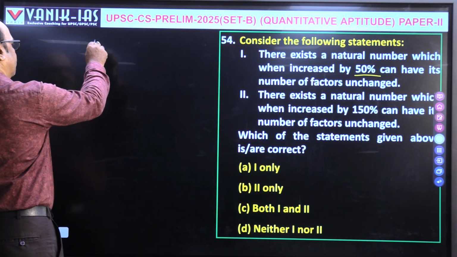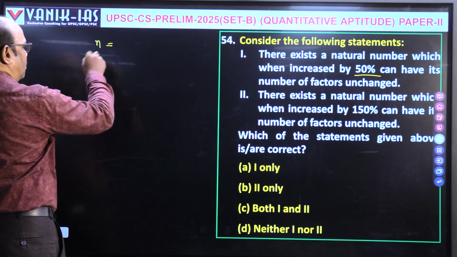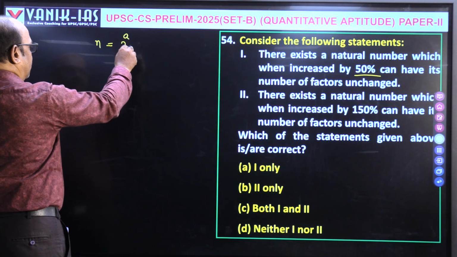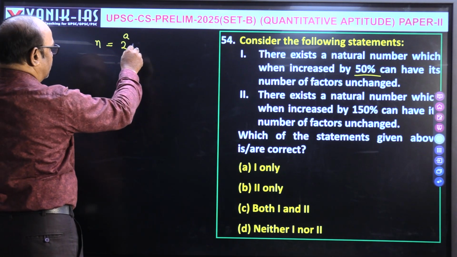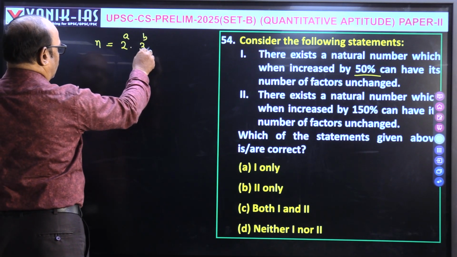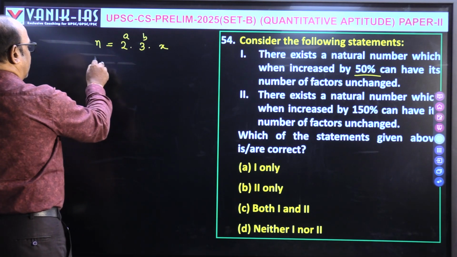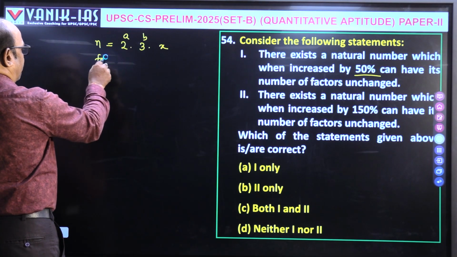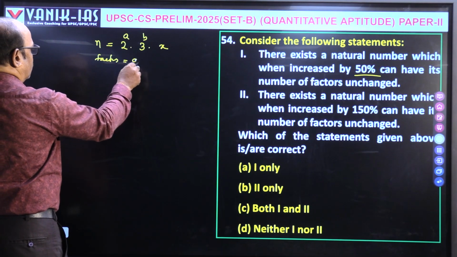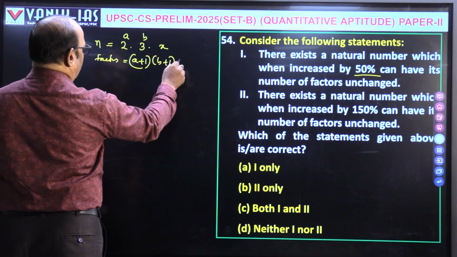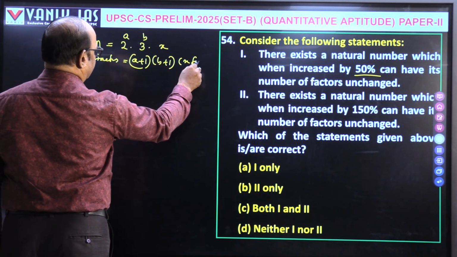Suppose the number is n. Suppose n can be expressed in terms of 2 to the power a into 3 to the power b into x, suppose x also there, factors of x. Then the number of factors would be a plus 1 into b plus 1 into x factors.